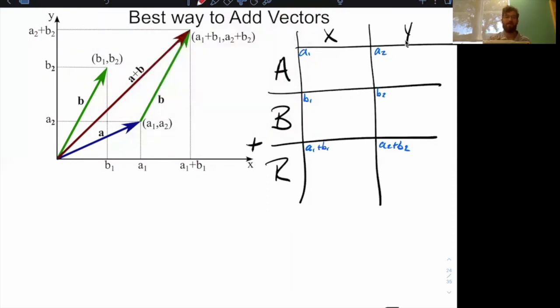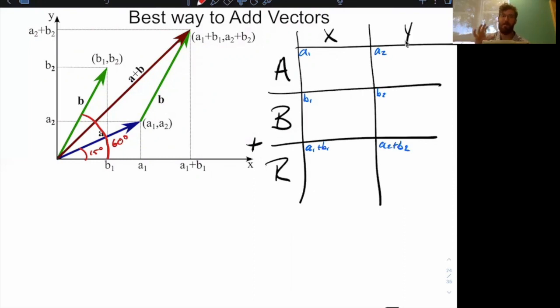What I'm going to do, ladies and gents, is assign a random angle here, okay? I'm going to say that this is 15 degrees, and I'm going to say that B is, let's say, 60 degrees, something along those lines. So now I have some actual numbers to work with, all right?